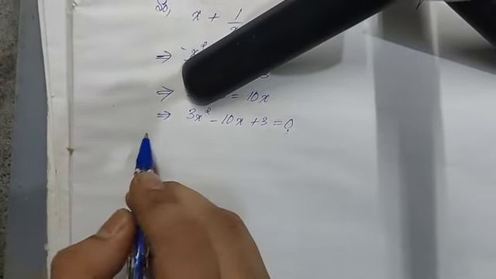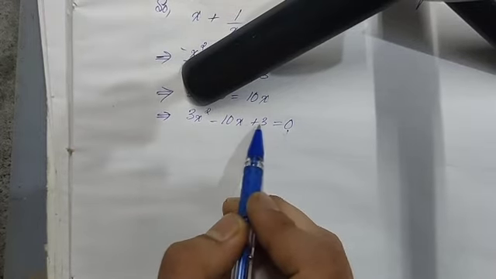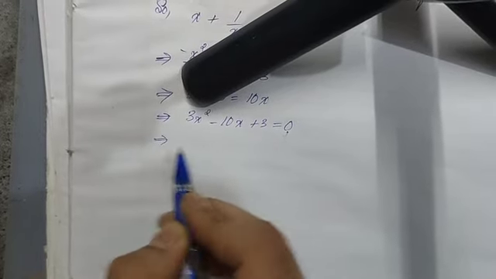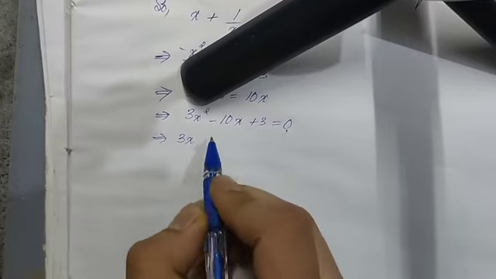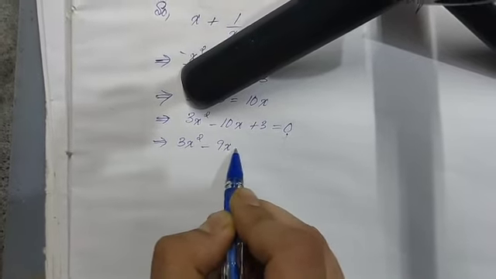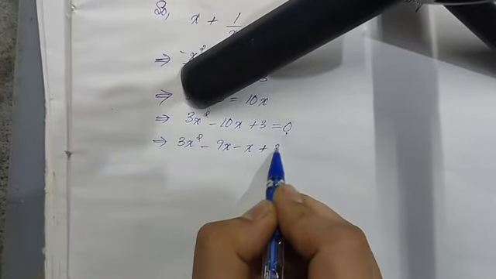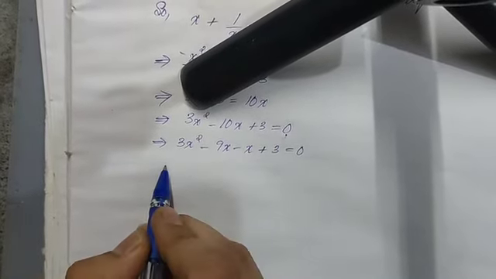Splitting the middle term: the product is 3 times 3 equals 9, and the sum is 10, so 9 and 1. So 3x squared minus 9x minus 1x plus 3 equals 0.